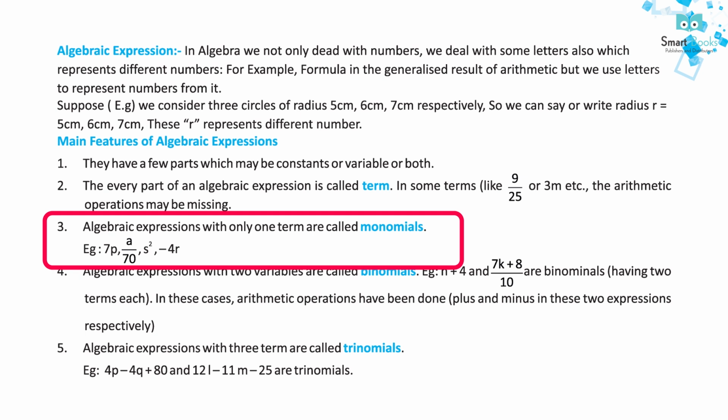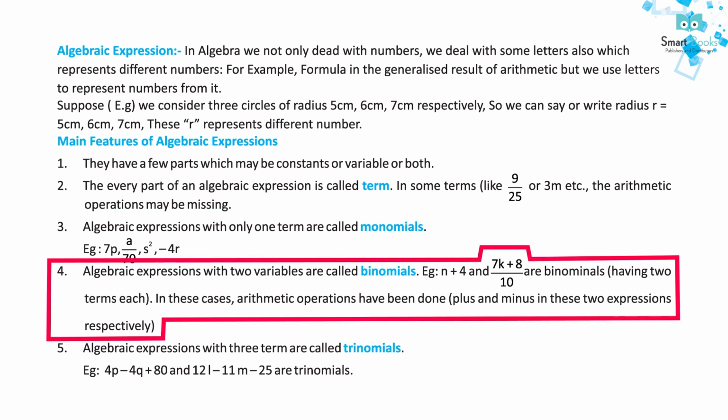Example: 7p, a upon 70, s power 2, minus 4r. Fourth, algebraic expressions with two terms are called binomials. Example: n plus 4 and 7k plus 8 upon 10 are binomials having two terms each. In these cases, arithmetic operations, plus and minus, have been done in these two expressions respectively.